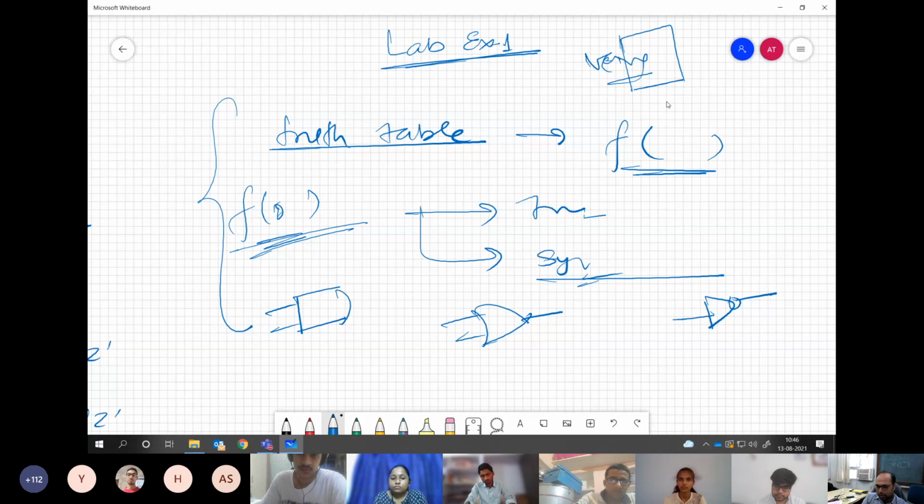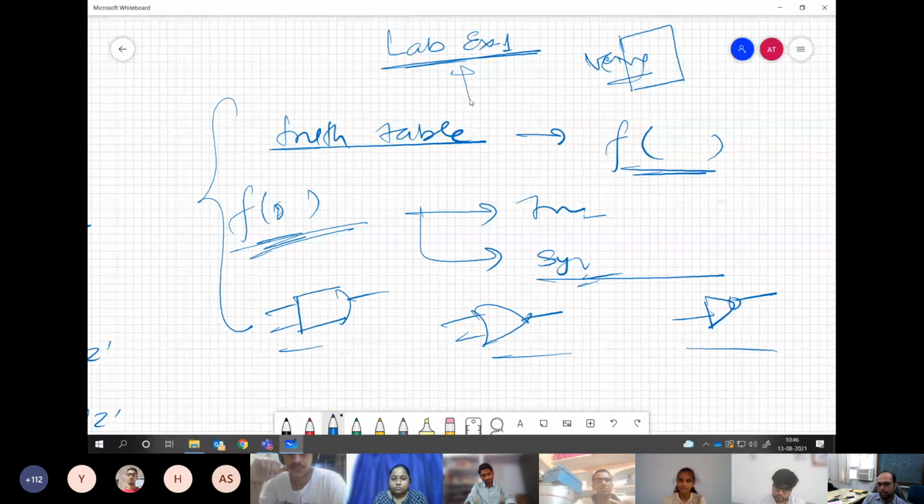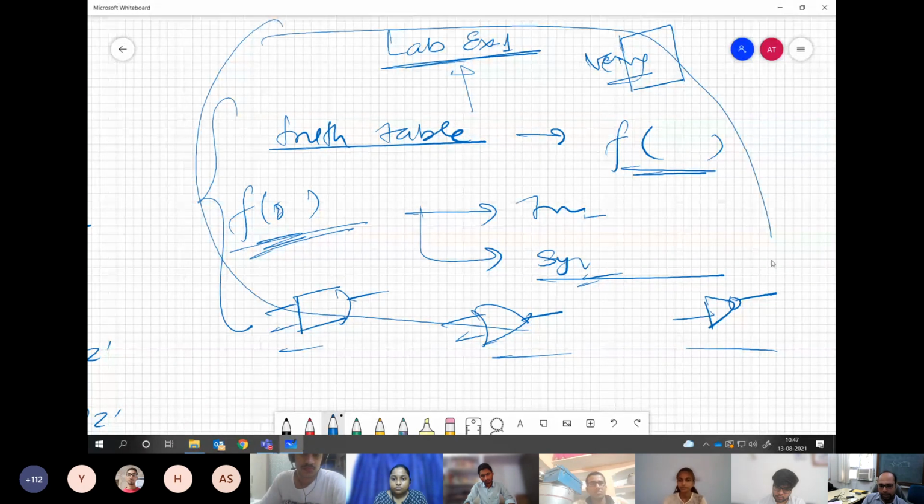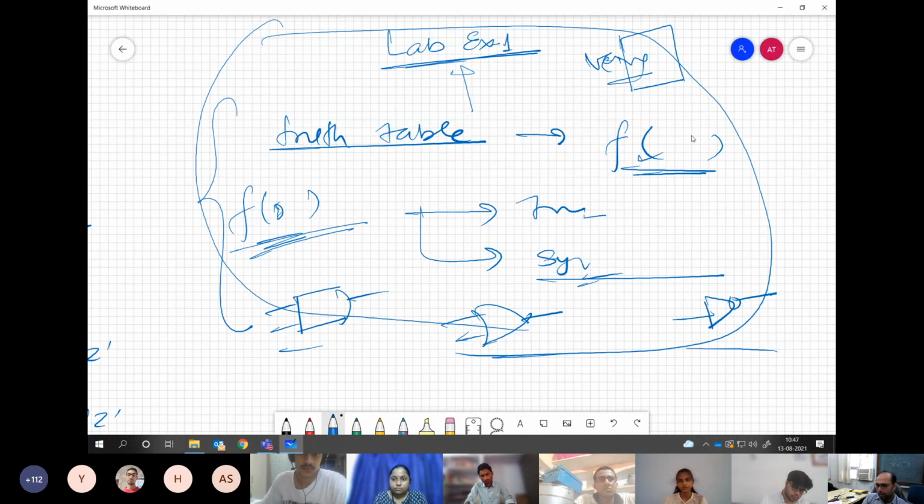And then you will be given a function, and you will implement it using these basic gates. So this exercise you will do as part of the lab. This portion we will discuss in the next class, and we will learn a little more about how to express this in a better, more concise manner so that we can represent and understand it.